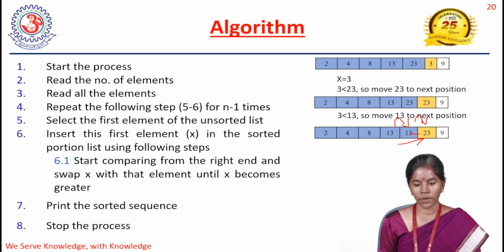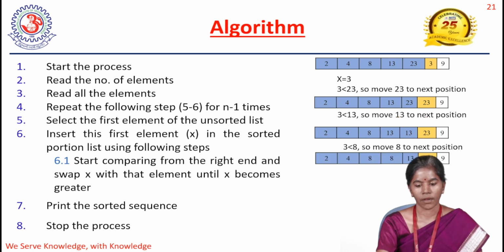How long do you have to move? Until x becomes greater than the element in the sorted array. We can see here 3 is less than 8. So 8 we are moving to the next position. So 8 is moved. Already 13 and 23 are moved.